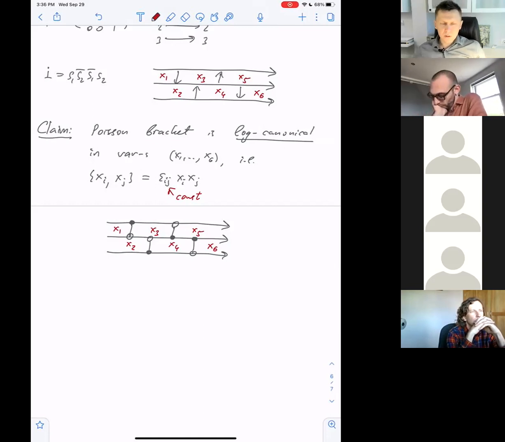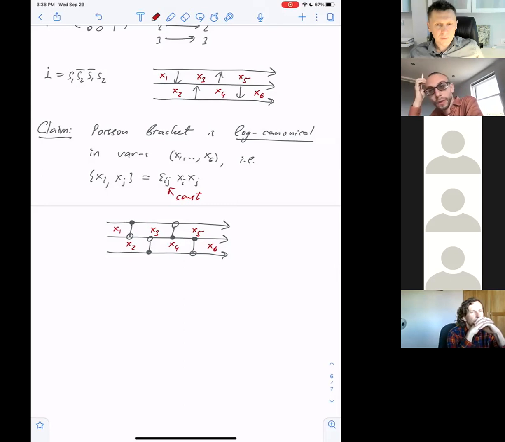Sasha, I'm sorry, I missed something. Are you talking about what Poisson structure are you talking? So we took the standard Poisson structure, this Sklyanin matrix, standard Poisson structure on the group G. Yes. The double Bruhat cell is its Poisson submanifold. And I'm claiming that you can find coordinates in which this Poisson structure is log canonical.